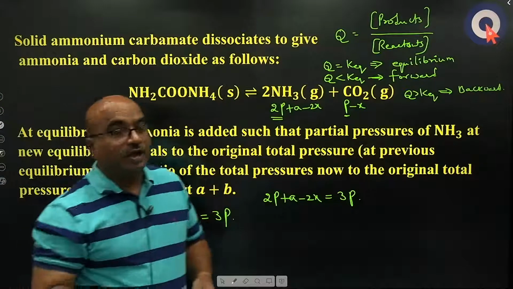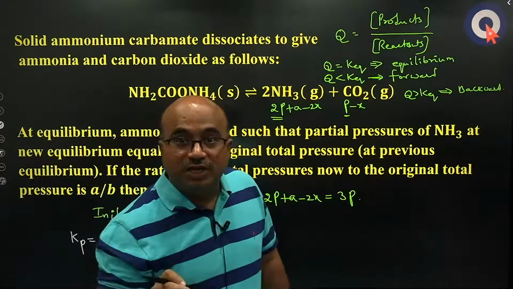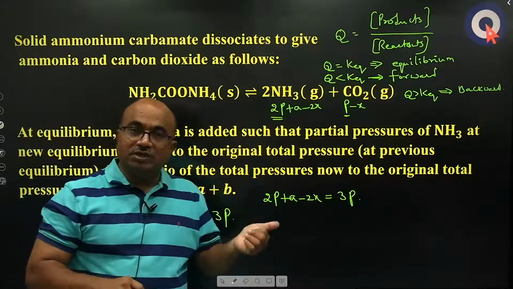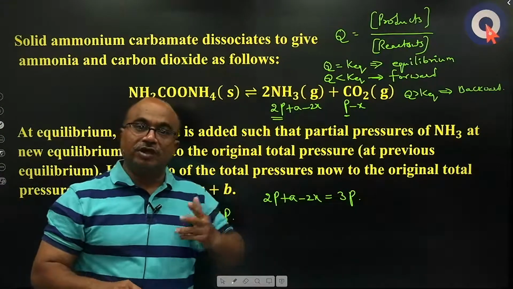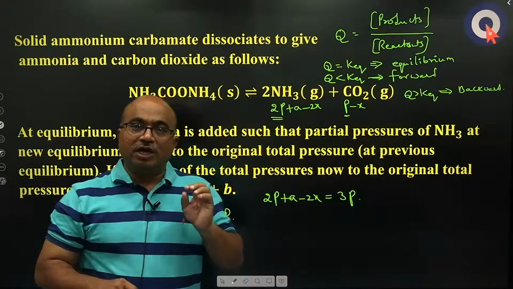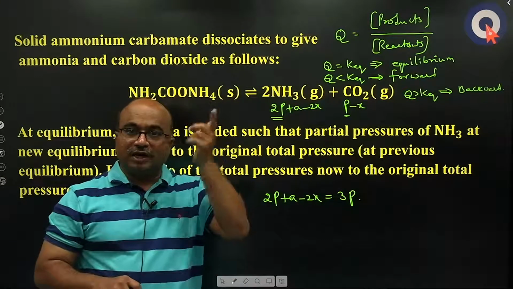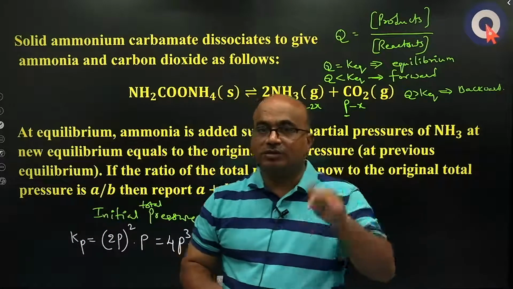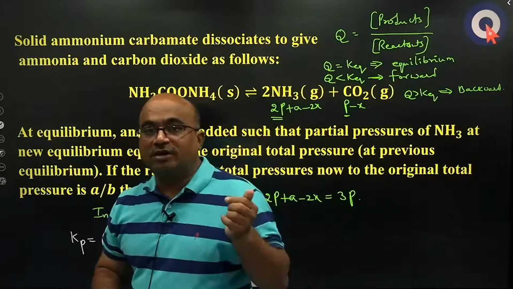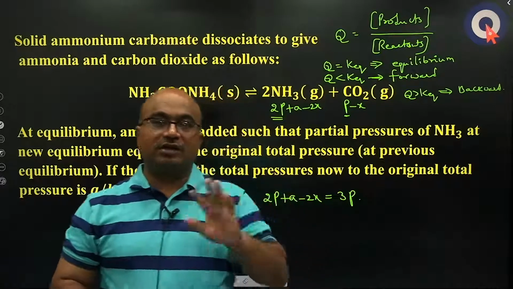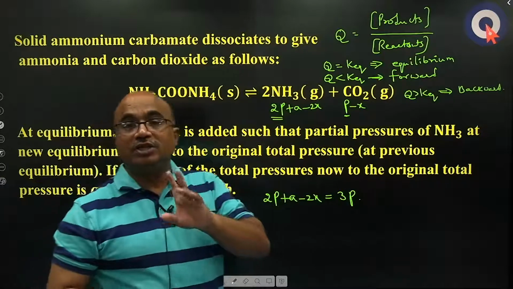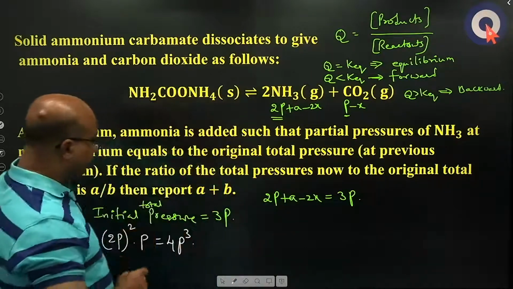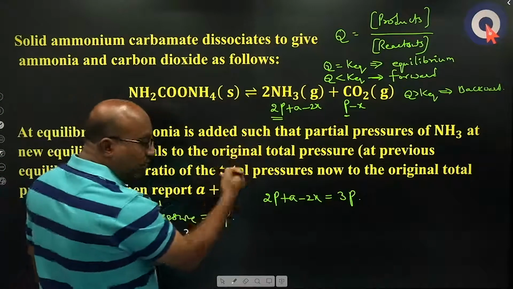But again, K values change only with changes in temperature. They don't change with the pressure changes, the concentration changes, or the volume changes. The equilibrium constant, as we already said in the first problem, is a ratio of the rate constants. Rate constants are affected only when you change the activation energies, otherwise only with changes in temperature according to the Arrhenius equation. So this Kp value should remain the same.